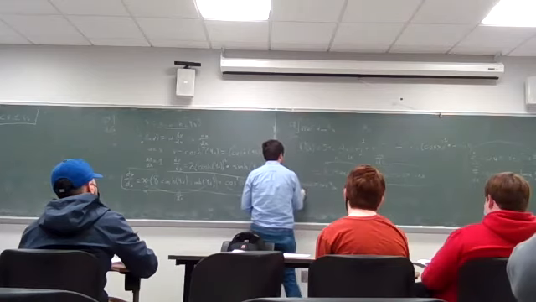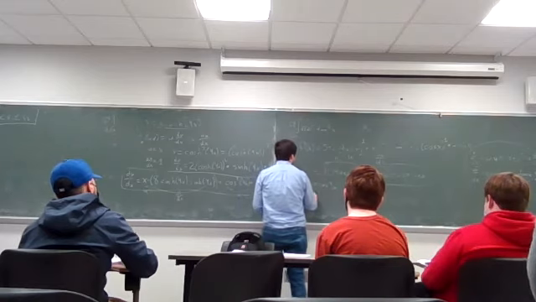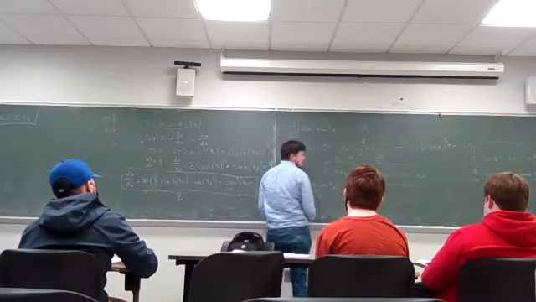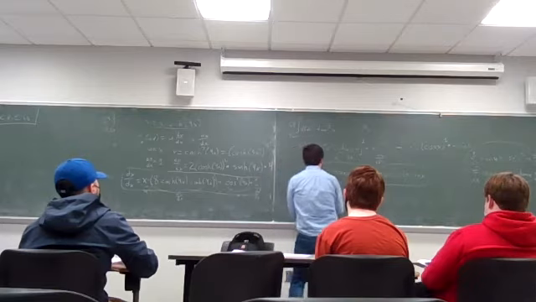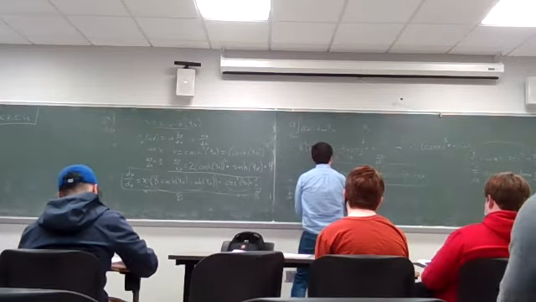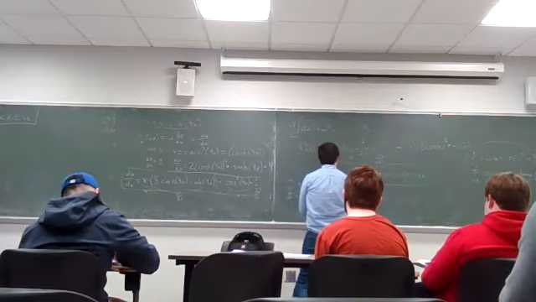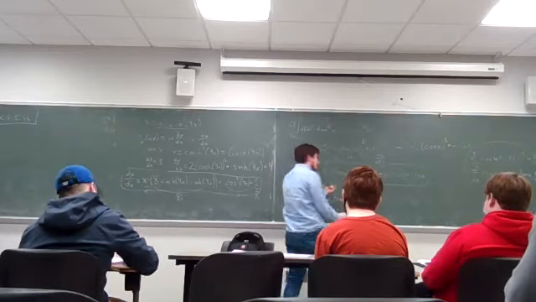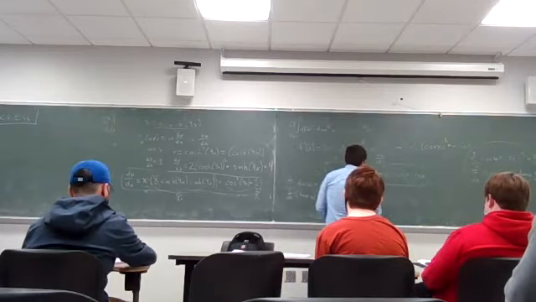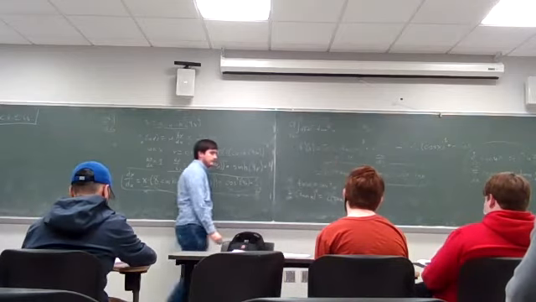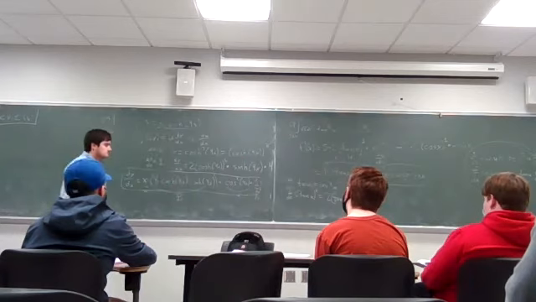But because I'm taking the derivative of tangent squared x, it has to be 2 times tangent x to the first power times the derivative of tangent, which is secant squared. Okay.